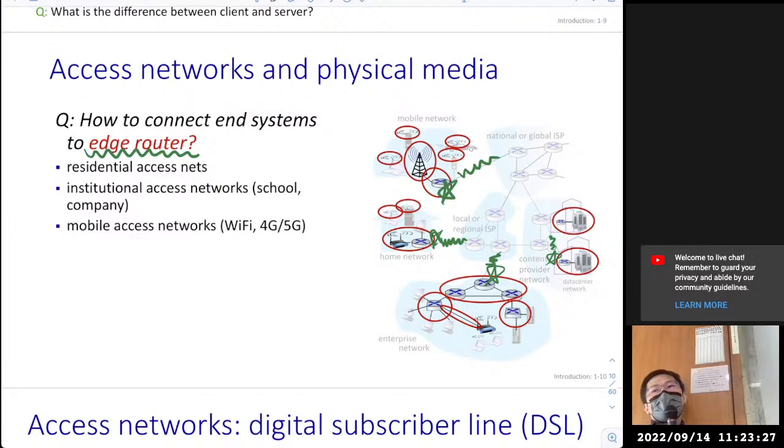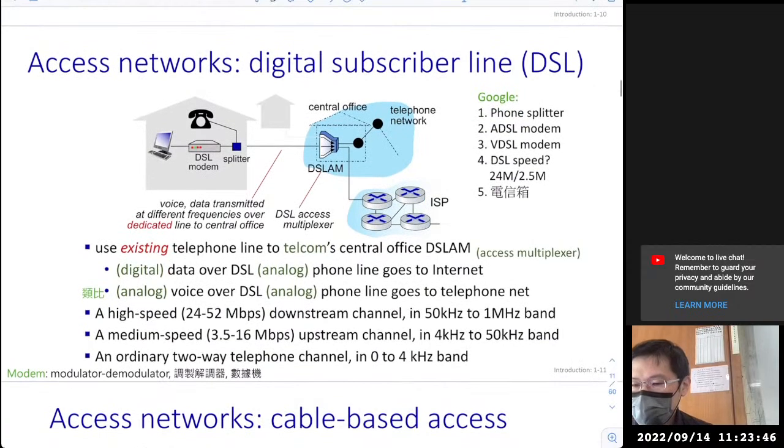So basically, it depends on what kind of technology you use. For example, you have Wi-Fi, 4G, 5G, or some residential access network to help you to connect this last mile, and this last mile will connect to your edge router. Okay, so here is the very important technology we talk about this week. It's called DSL.